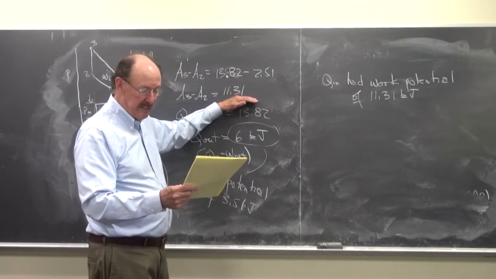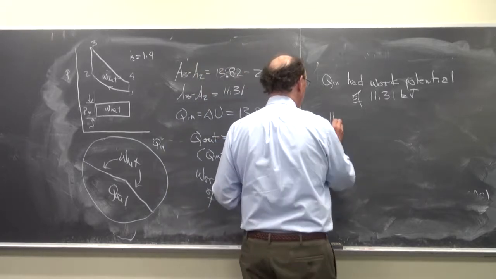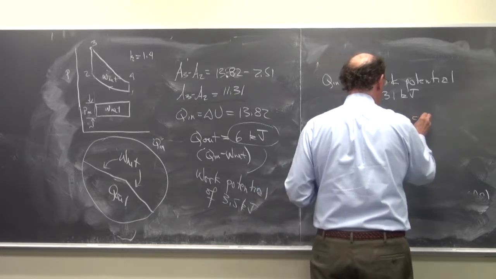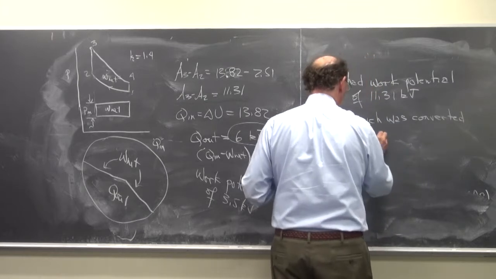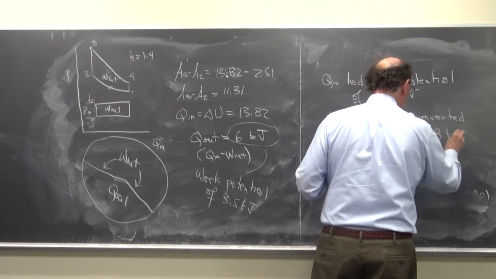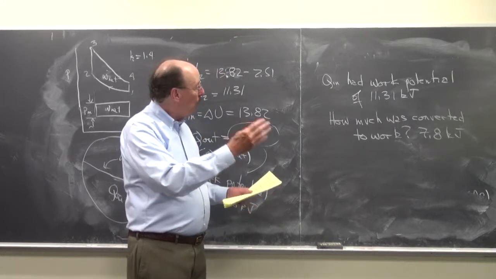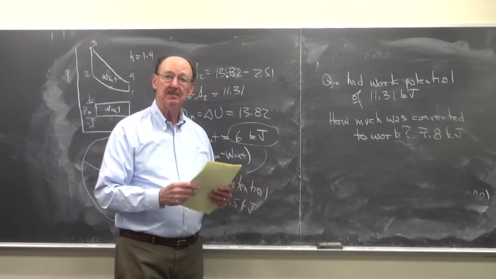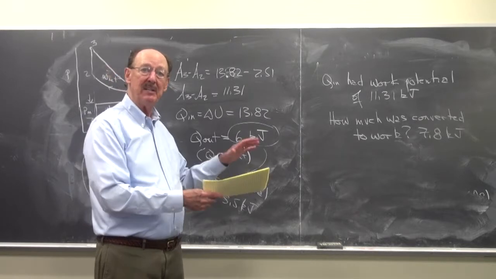How much got converted into work? 7.8. And so that gives us an idea of what's going on with the work potential and how well it's being utilized. And so this was an air standard cycle which modeled the spark ignition engine.